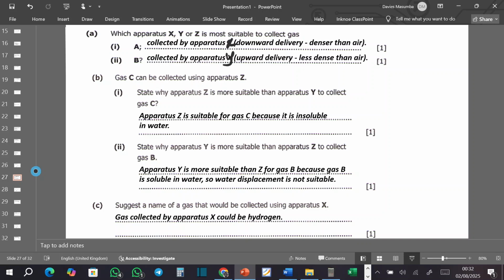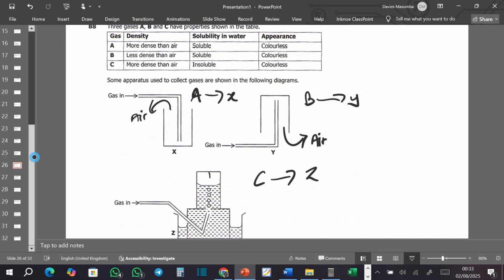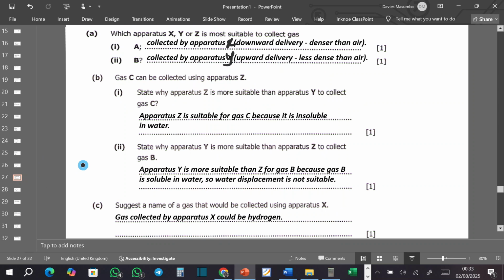Then they're saying, state why apparatus Z is more suitable than apparatus Y to collect gas C. So apparatus Z is more suitable to collect gas C than Y. What is the reason? The reason is apparatus Z is suitable because the gas is insoluble in water.